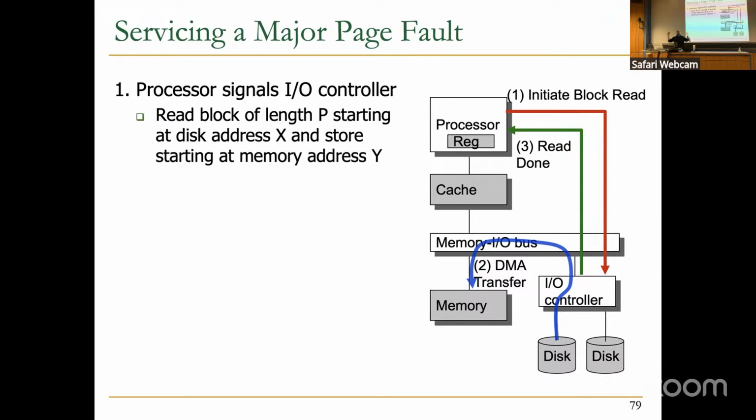The CPU doesn't need to participate in this transaction. Can someone tell me why I don't want the CPU to participate in this transaction? Why would I not make the processor participate? Is there a reason?